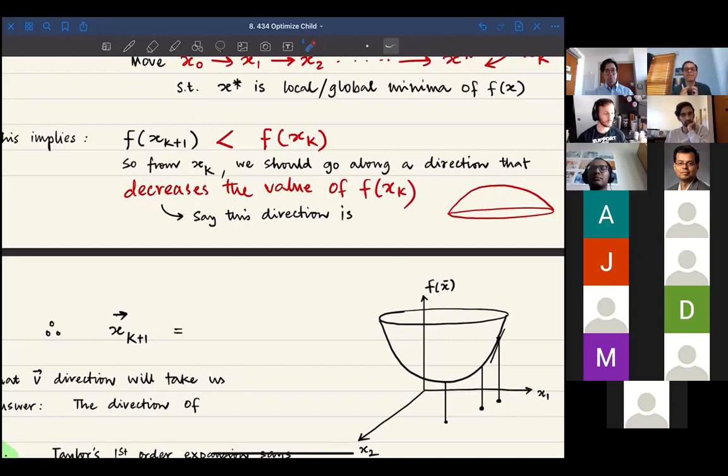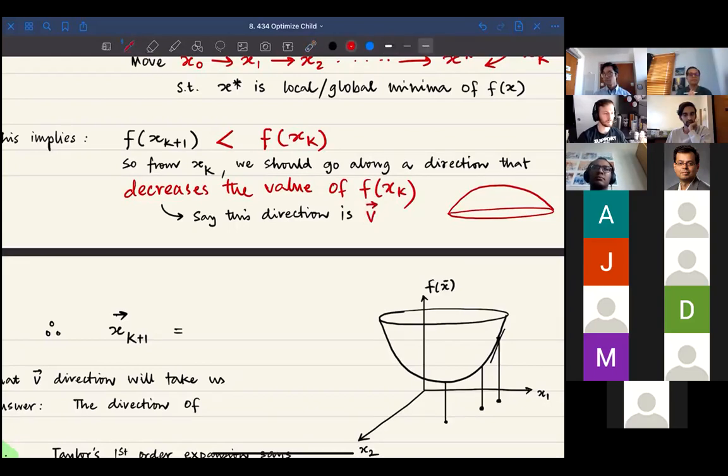That's the question you have at hand. Which direction should I put my next step so that I go downwards the most? And not all directions are equal, because some direction might be a little flatter, some might be steeper. You have experienced this while climbing down a raggedy mountain. So say this best direction in which I would go down maximally, let's call that direction V.